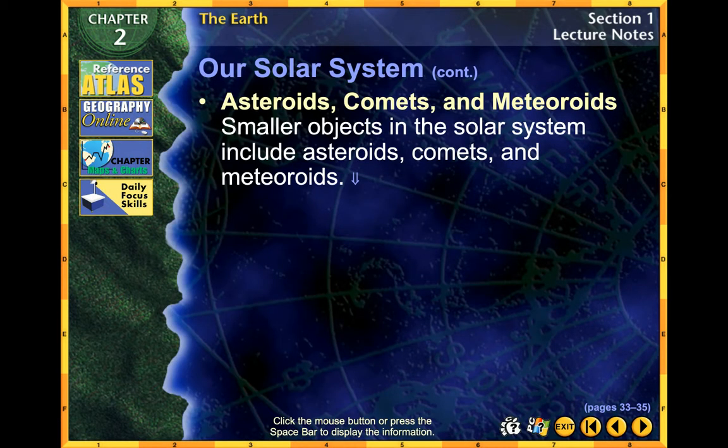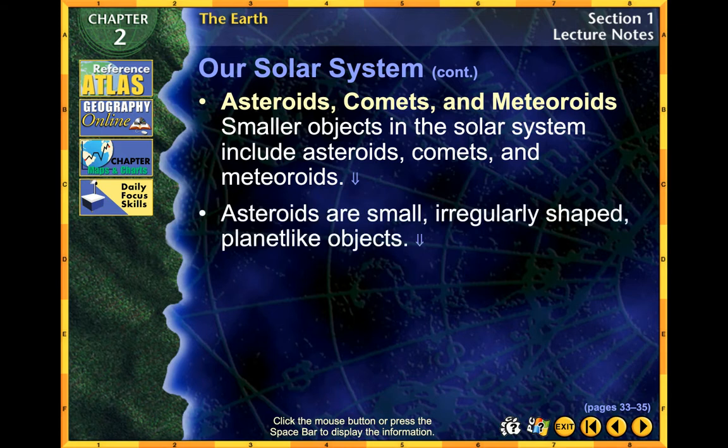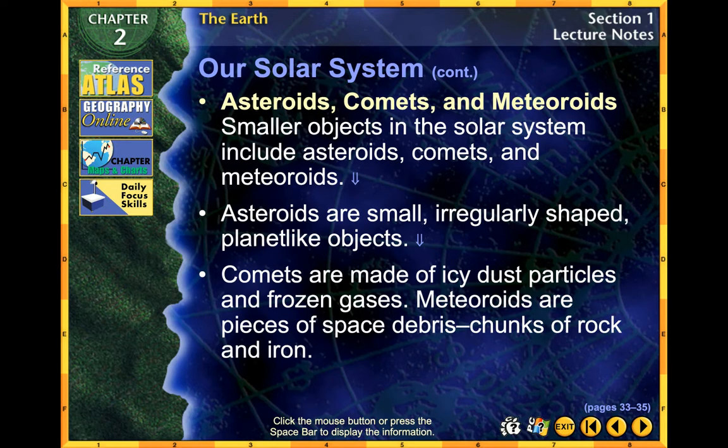Then there are other pieces like asteroids, comets, and meteoroids, which are smaller objects that revolve around the sun. Asteroids are small, irregularly shaped, planet-like objects. They're much larger than our normal, I guess you could say, planets, but they're usually smaller than a moon, but much bigger than, say, a comet or a meteor. And then comets are icy dust particles and frozen gases.